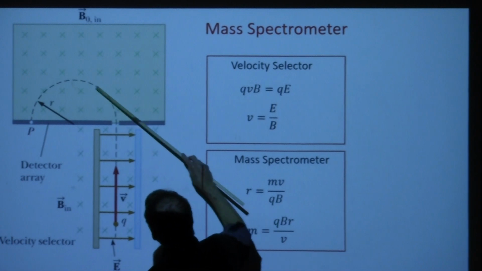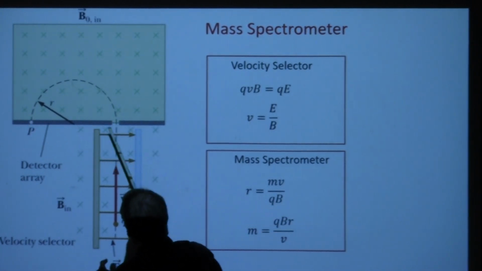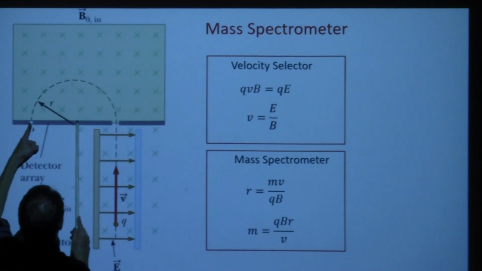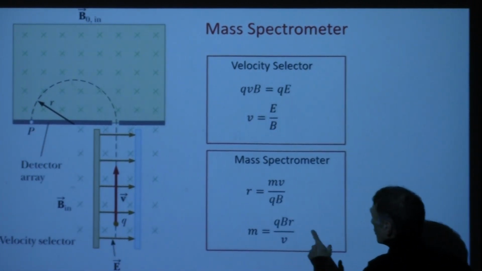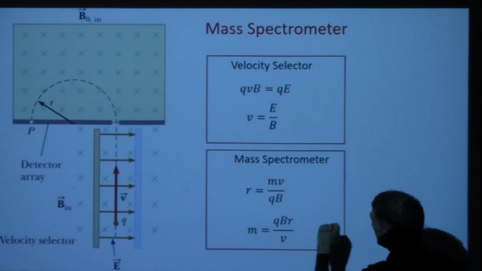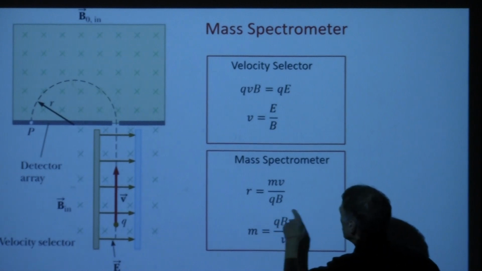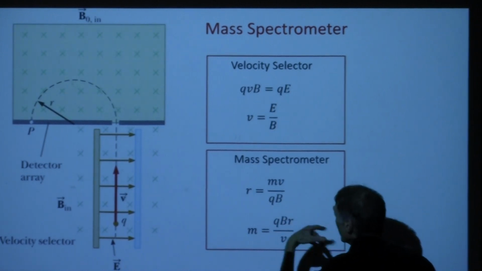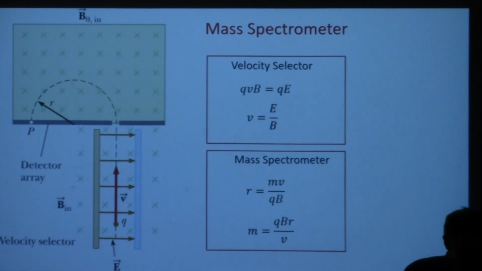They typically don't go in a full circle. They come over and smack into a detector over here. And then we can measure the radius of that and determine the... I think I did this a little... well, this would be the radius of that. I think I just borrowed that from the previous slide here.